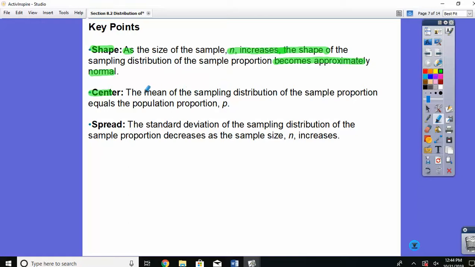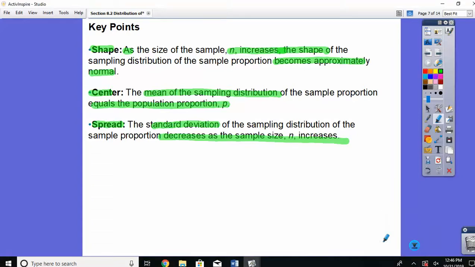When you're looking at those, the mean of the sampling distribution equals the population proportion. And then talking about the spread, the standard deviation decreases as n increases. So the bigger my sample, the smaller my standard deviation.